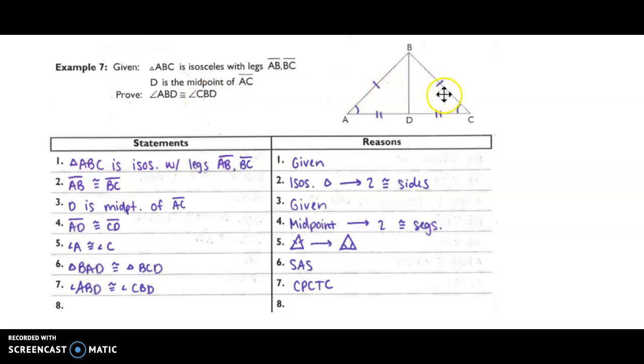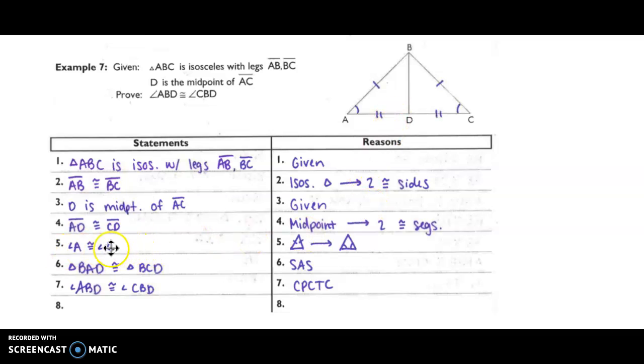So you have to prove the triangles are congruent first, and then use CPCTC, okay? Here you can tell in line 2, AB is congruent to BC because you were given in the first statement that triangle ABC is isosceles. So if you have an isosceles triangle, then you have two congruent sides, okay?